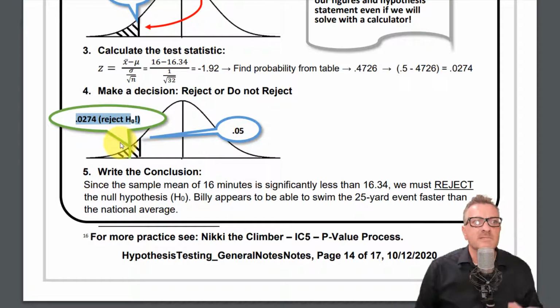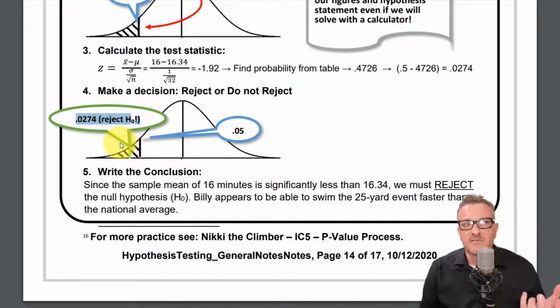What that means is our findings would occur normally 2.74% of the time, just by random chance. So if we're willing to accept the test that we would be wrong 5% of the time, we should be willing to accept that we are wrong 2.74% with this finding. So we reject the null hypothesis. Okay.